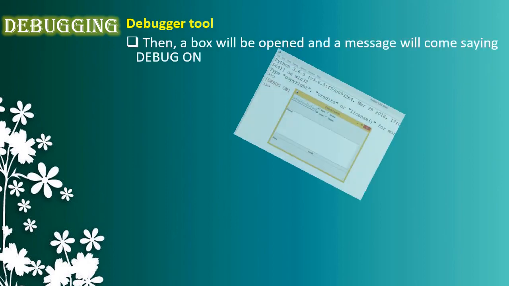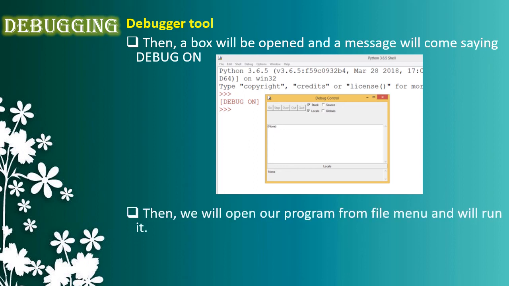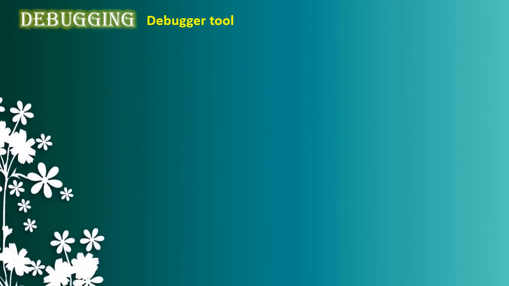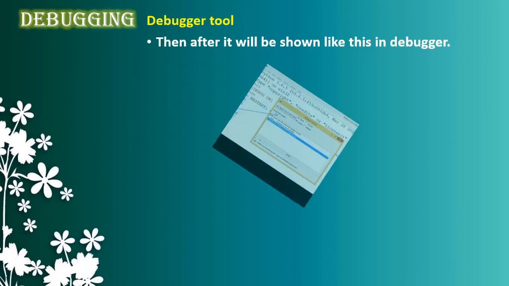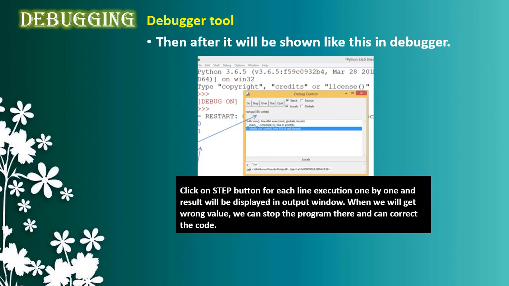Once we select debug from the debugger menu, this window will appear. Then we open a program and run it. Then line by line it will show. Just click the step button and it will go to the next line. If we get any wrong value, we can stop it and correct our code.